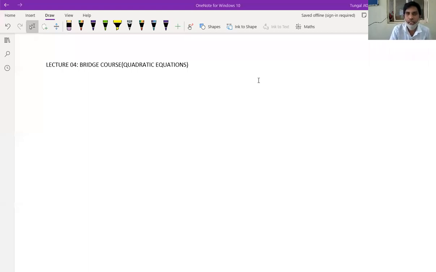Already in the last class, we discussed what is a quadratic equation and what is the relation between roots and coefficients of a quadratic equation and how to find the roots. Also in the last class we discussed one derivation; a proof is not needed, we just have to know, when a quadratic equation is given, how to find the roots.